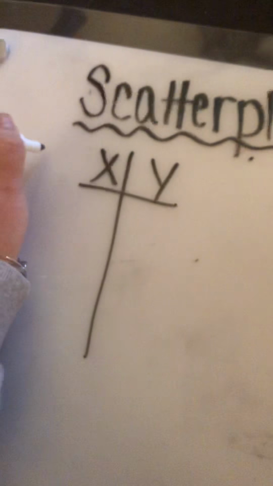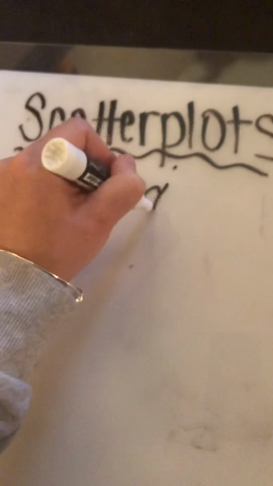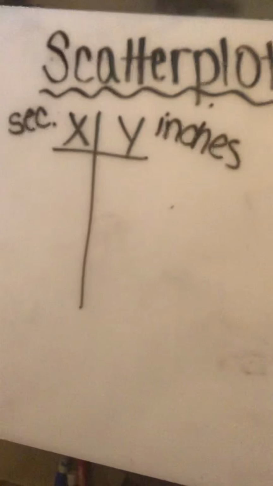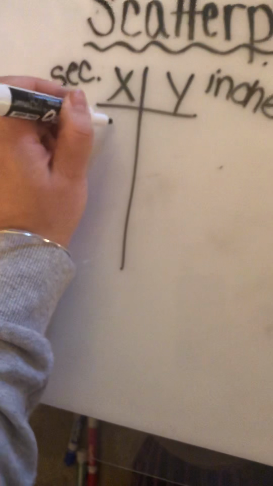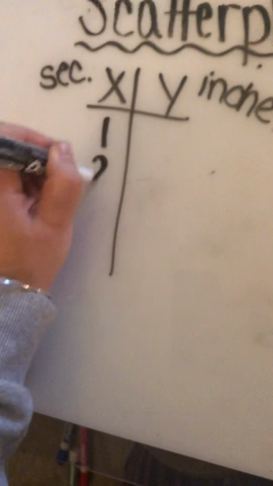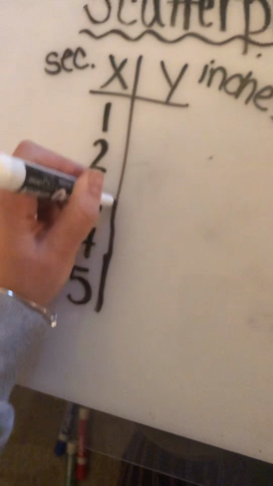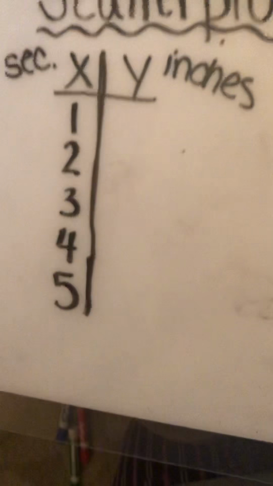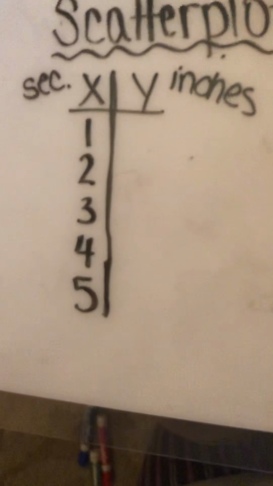Your x was representing the seconds, and the y was representing the inches filled in either the sink or the tub. So you would have created your independent values. I probably would have done like 1, 2, 3, 4, 5, and then you would have measured, as you were filling up a sink or a tub, the inches that it was filling up after these second intervals.